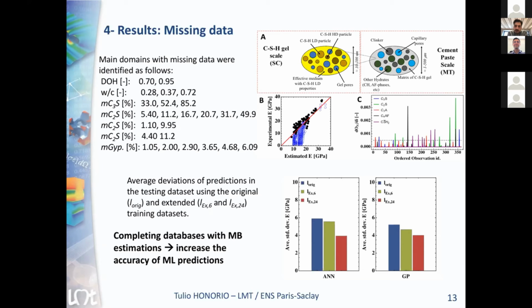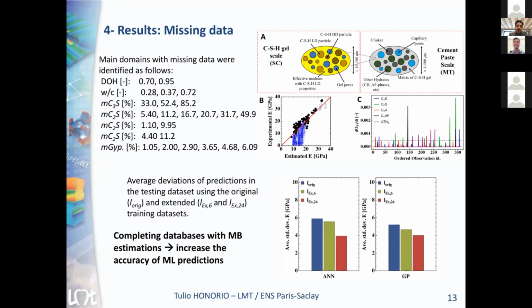The idea here was to first look at the database and identify where are the domains in which there's data missing. So the approach adopted was to look at the distance between the different observations per input dimension.